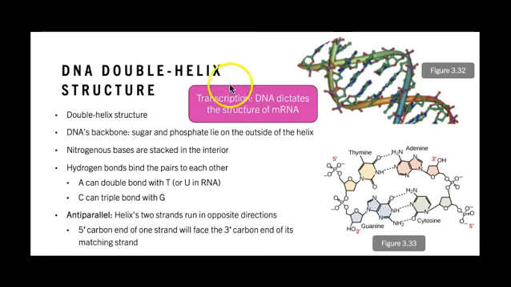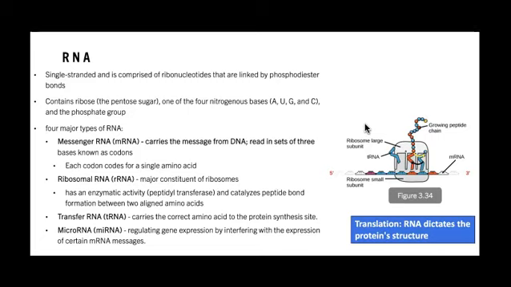And just a note of a term that we're going to be using a lot throughout the next couple chapters is transcription. That's when DNA is going to be able to dictate the structure of mRNA. Essentially, we'll open up DNA and copy it and use the DNA information to create an mRNA temporary strand that we'll be using to move out of the nucleus.